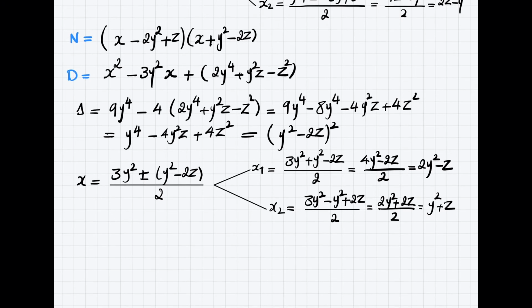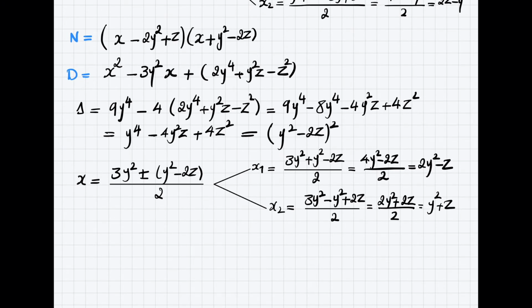Now I can write the denominator is equal to x minus the first root, which becomes minus 2y squared plus z. I multiply this by a negative sign here and there, and then x minus the other root, which becomes minus y squared minus z. Now you see, this is your numerator and this is your denominator.